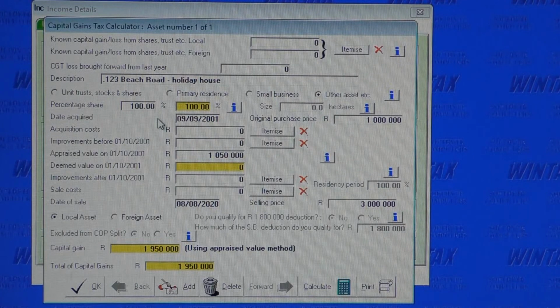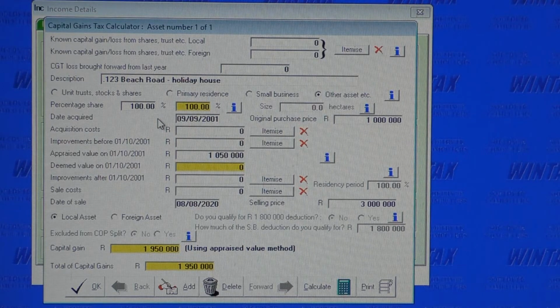Now, what if we'd bought this asset for 1 million rand before capital gains tax was introduced on 1st of October 2001 and sold it for 3 million, giving us a profit of 2 million? Remember that only the portion of the profit which applies to the period after 1st of October 2001 is subject to capital gains tax. We need a base cost value on 1st of October 2001.